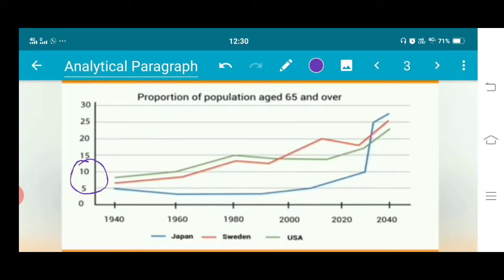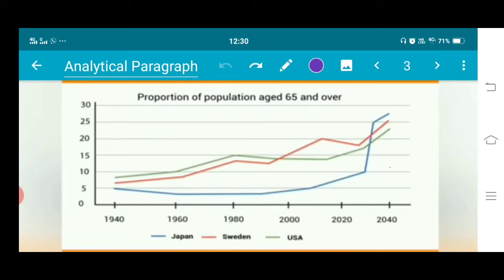Sweden is exactly between 5 and 10, so we can think that it is 7, right? And the green line, for the USA, is near about 9 or 8 somewhere. We cannot have the specifics, but we can guess it like that.